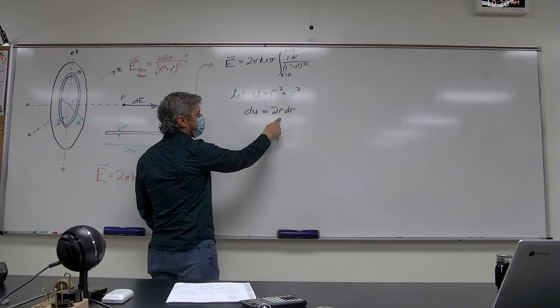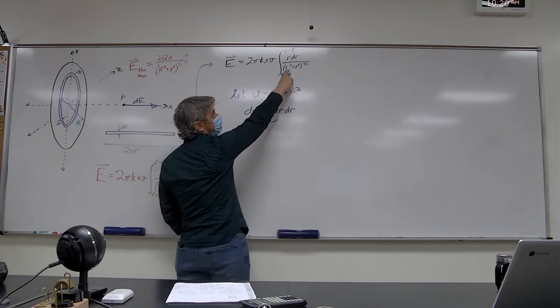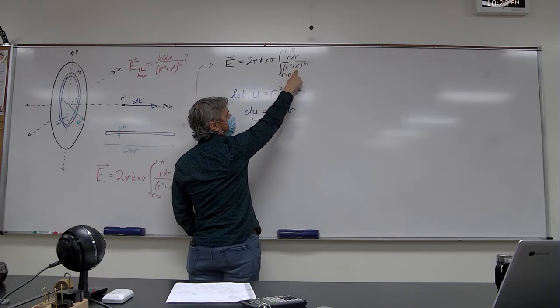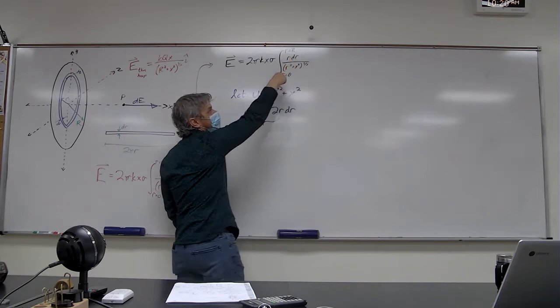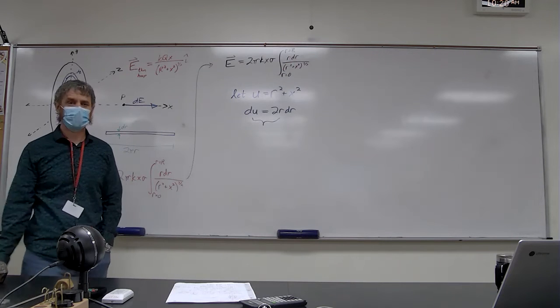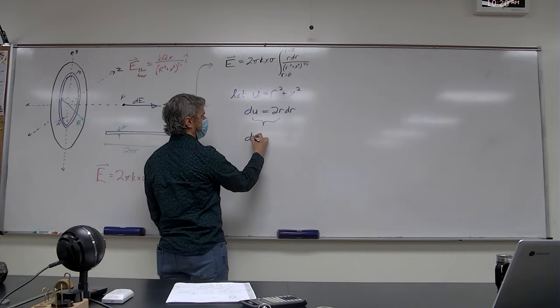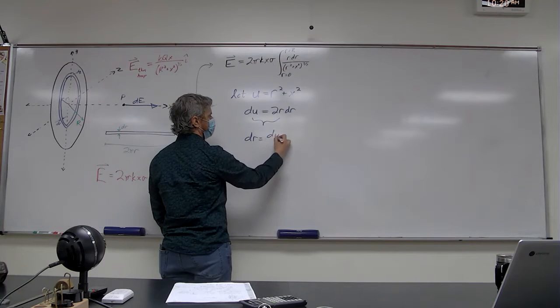Okay, this one right here I can solve for dr, right? Because I want to substitute u in for r squared plus x squared, and then I want to substitute in for dr to get rid of dr and have it written in terms of du. So I can rewrite this as dr equals du over 2r.